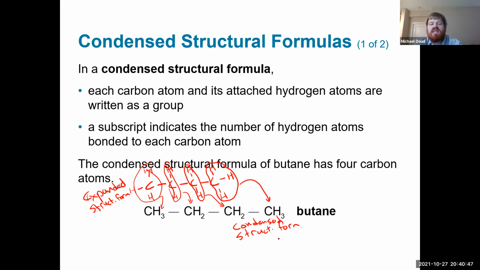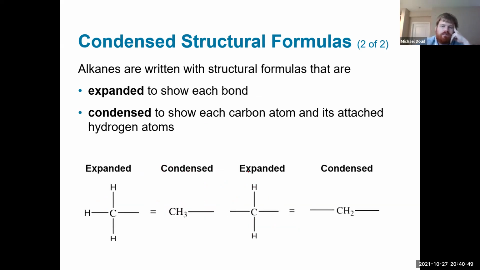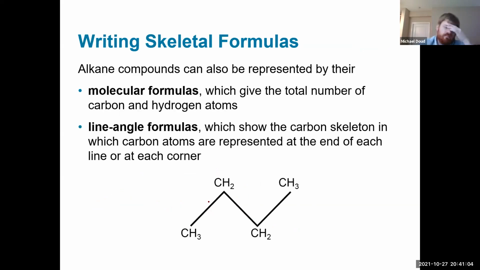And that just works to save space. Even just check it out. This is CH3. Well, you can just write it as CH3. And we'll just interpret it in our brains. When we see the CH3, we know, okay, it's a carbon bonded to 3 hydrogens that's then bonded to another carbon. Okay, now, we also have molecular formulas.